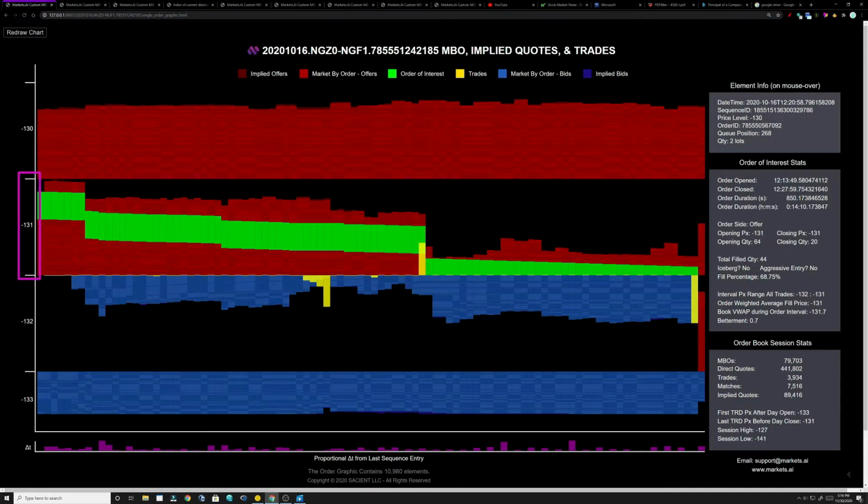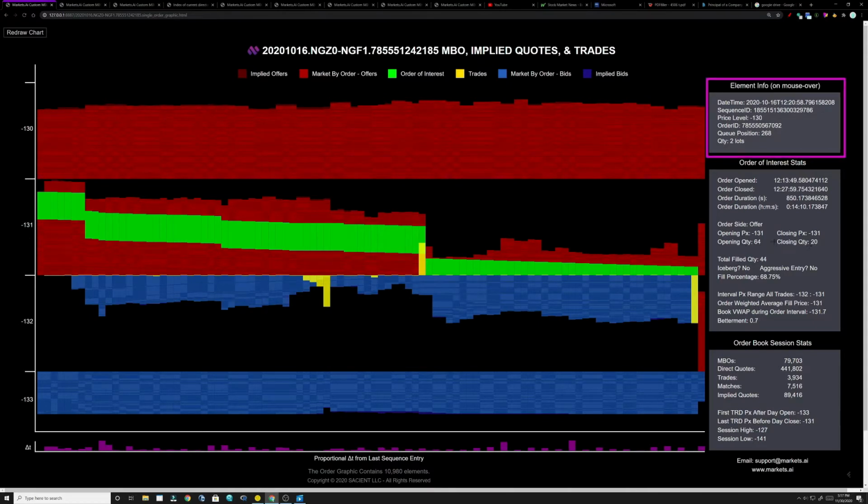Okay, so our order of interest is 131 offered. I guess the kind of unusual part of the price is that it's a band. It is not a tick mark. This is used so that the queue inside of the queue can be displayed.